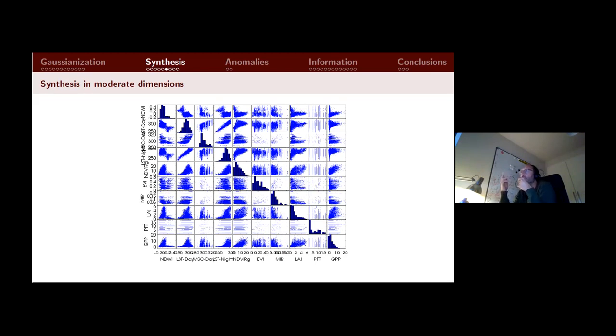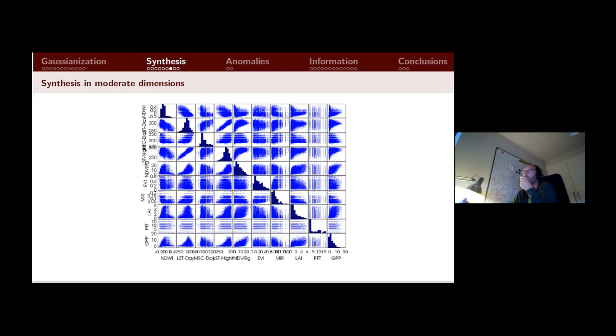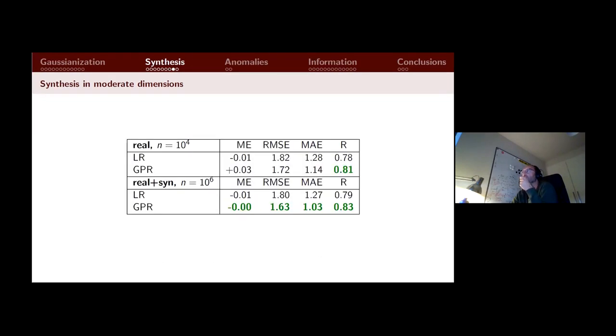In order to compensate for these missing points and missing relationships, we used RBIG to populate the space. So we took this data set, learned how to Gaussianize it, and then from these 10,000 points, we generated 1 million synthetic points. We put everything together, and then we trained a linear and a Gaussian process regression.